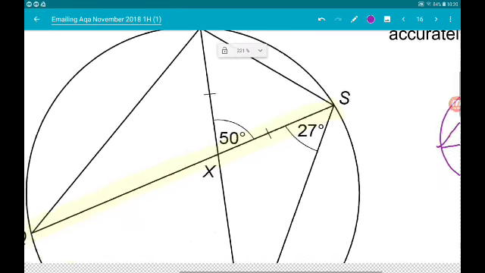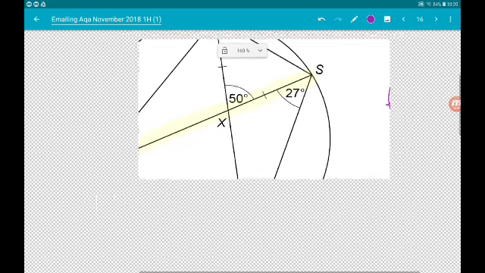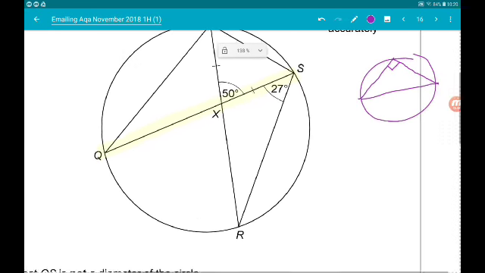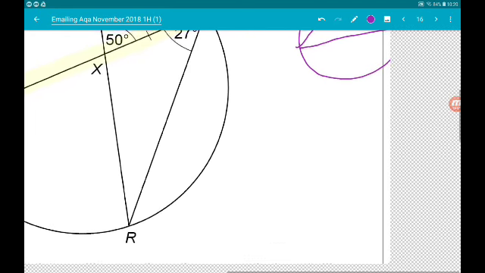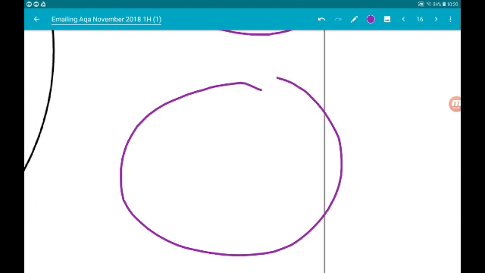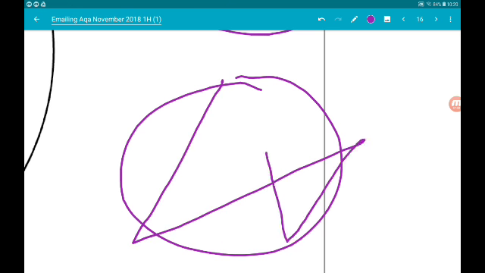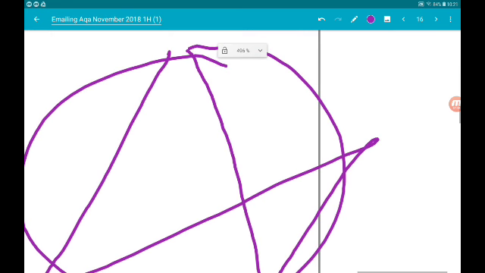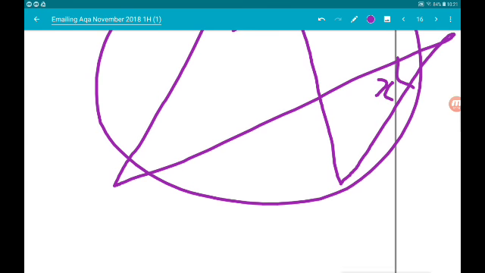Okay, so what can we do? Well, first up, I've spotted that inside of this circle we've got one of these situations going on. So this angle is equal to this angle, and this angle is equal to this angle.